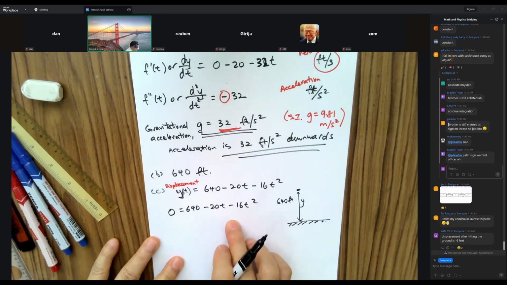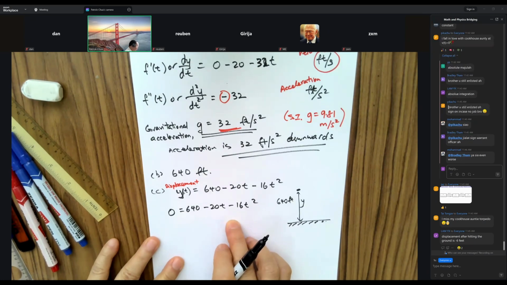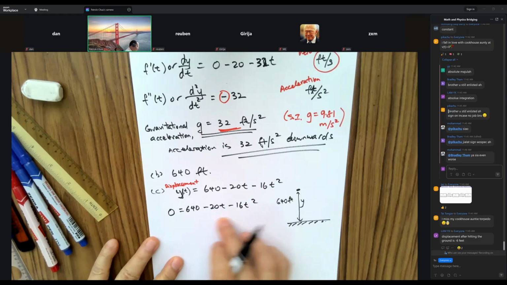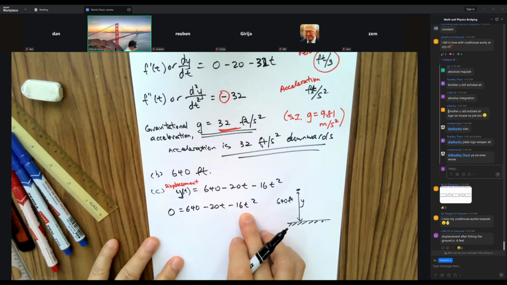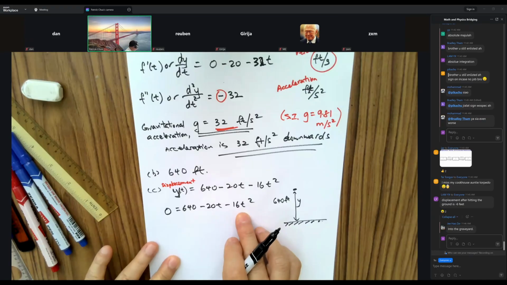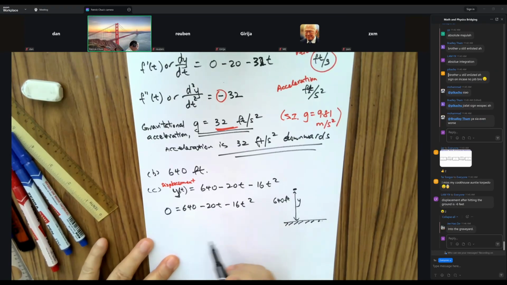Can you solve it or not? Earlier, a day before, I showed you how to solve a quadratic equation. You can use the bow tie method to factorize to find t. But in this case, you won't be able to solve for t using the bow tie method, so you have to use the formula.